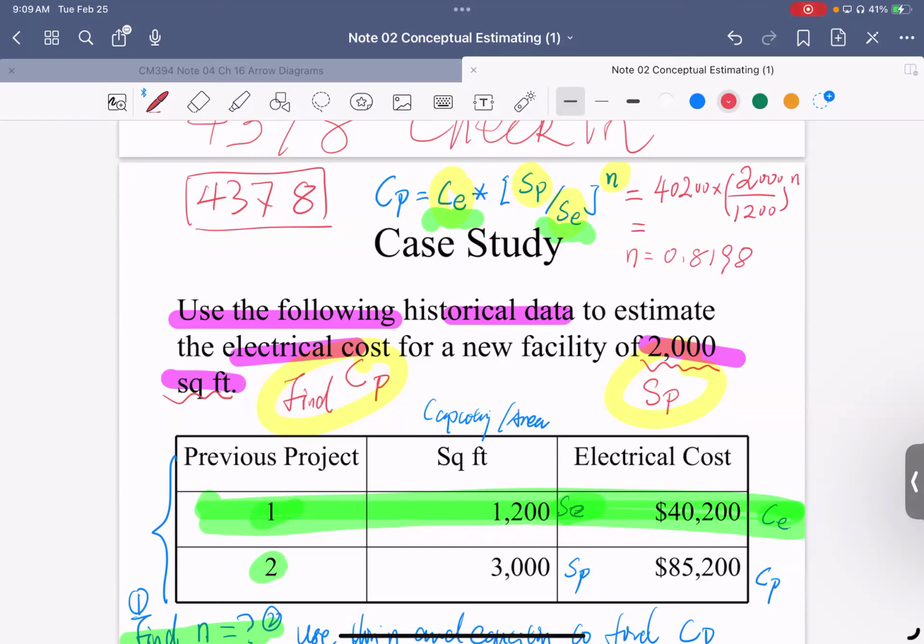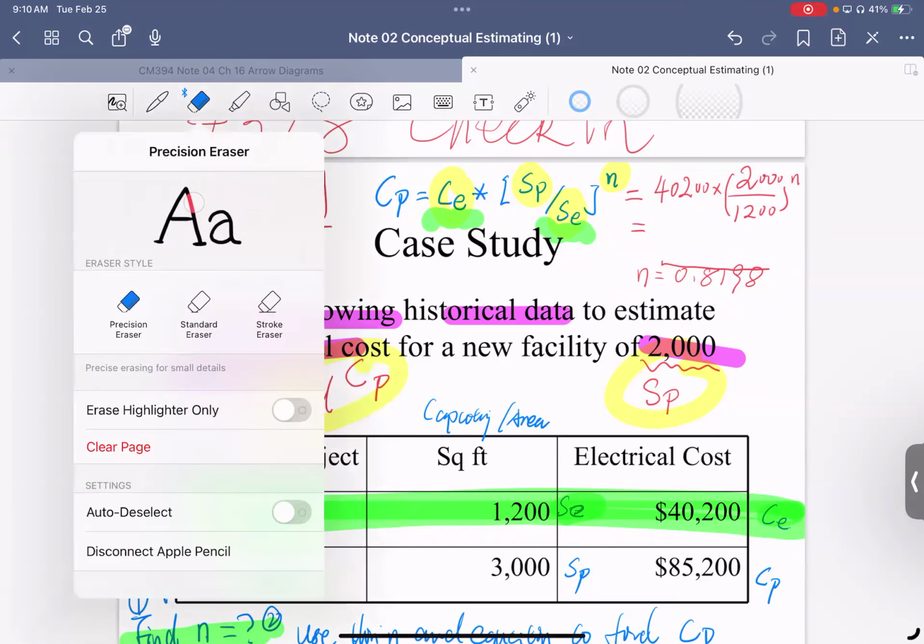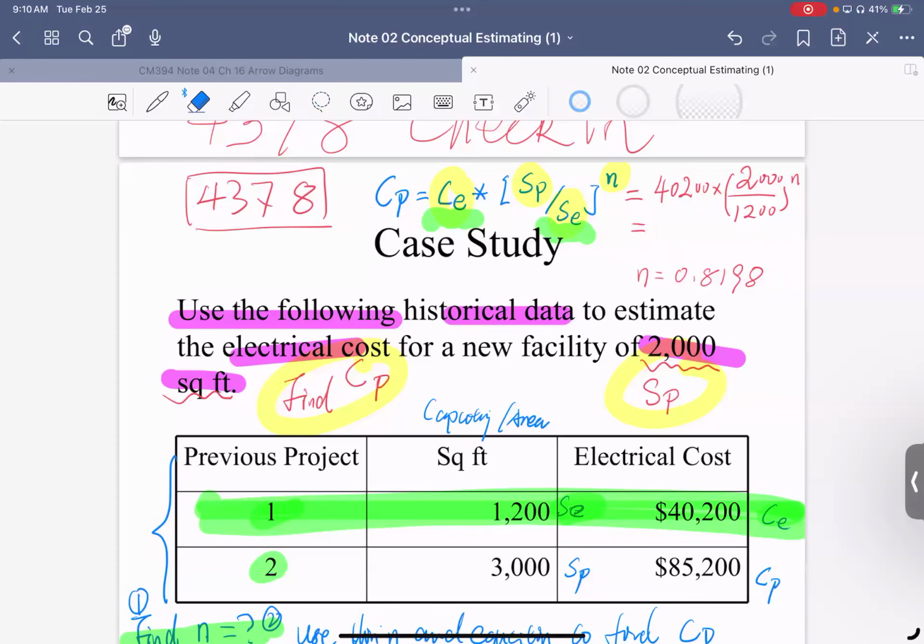And give me the answer for this one. So this n is coming from here. Okay.